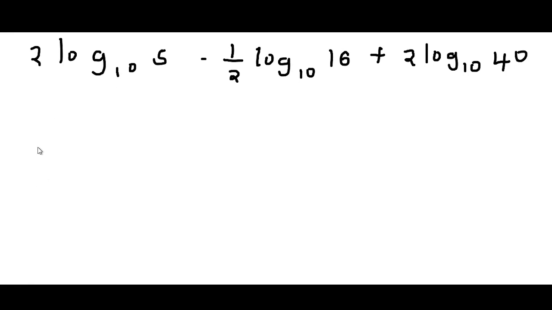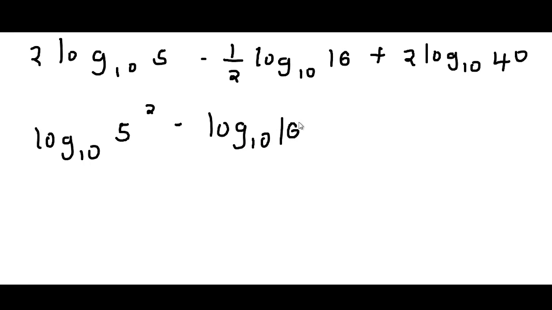So we are going to remove this coefficient and make them powers. So it will be log base 10 of 5 squared minus log base 10 of 16 power half, plus log base 10 of 40 squared.